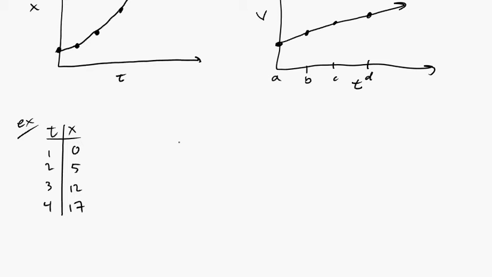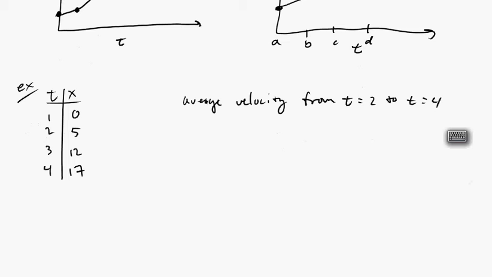So if you want to know the average velocity from t equals 2 to t equals 4, this is actually probably an easier way to calculate it. They want from 2 to 4, and they give you an x and a t.